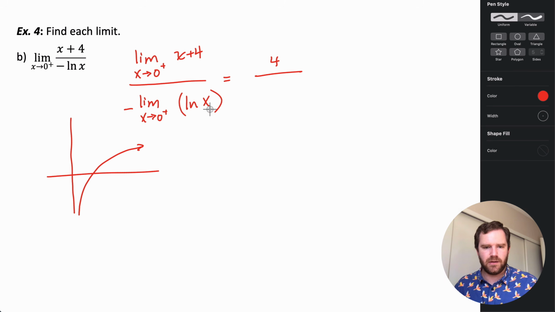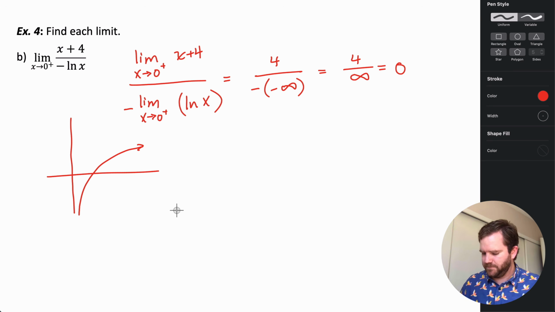So as I'm approaching 0 from the right, this is going off to negative infinity. But then we're multiplying it by a negative, so that's going to go off to positive infinity. So it's going to be 4 divided by positive infinity. And remember, when I divide by something that is getting increasingly large, then my whole quotient ends up going to 0. So the limit here is going to be 0.